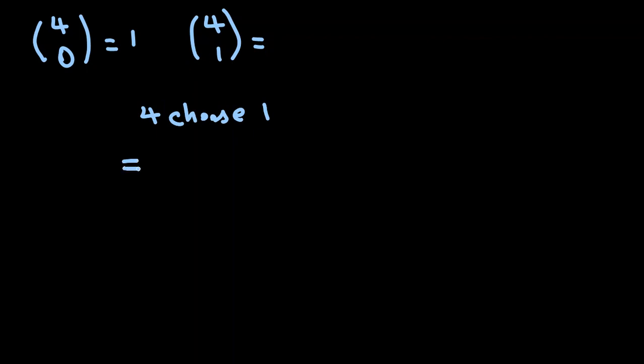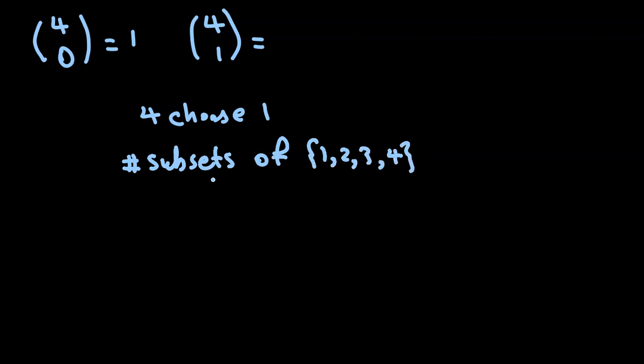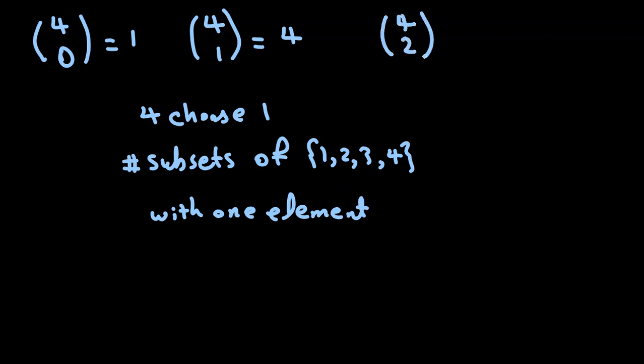The number of subsets of 1 to 4 with 1 element. So we said it was 4. 4 choose 2 is what? The number of subsets of 1 to 4 where you want to select 2 elements. It was what? 4 times 3 over 2.